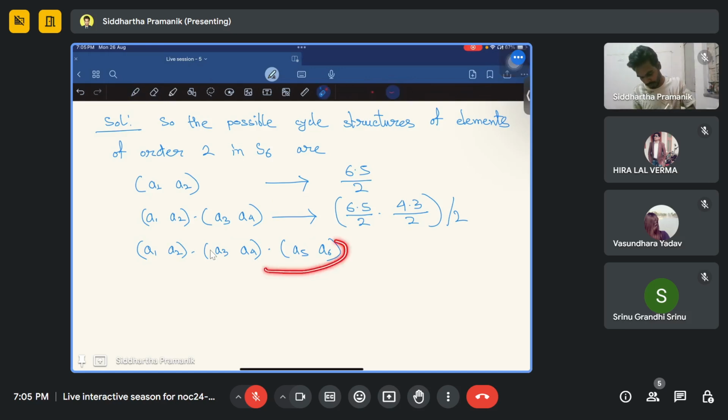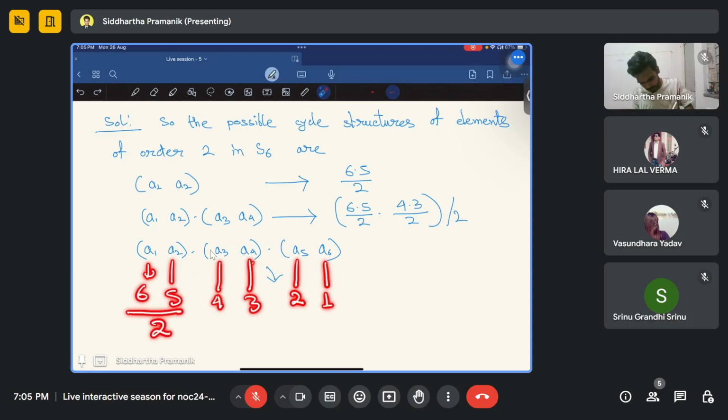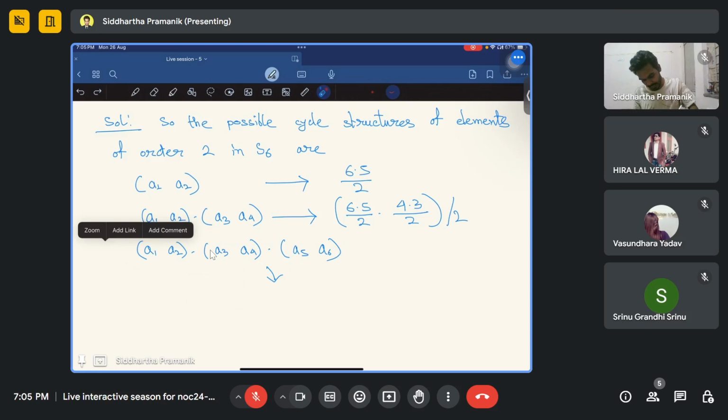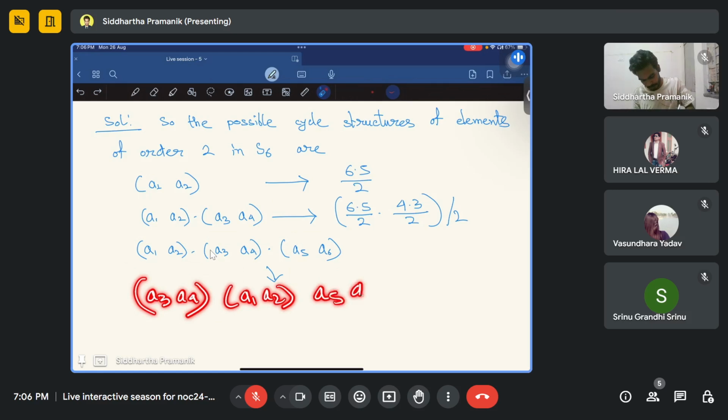So the last case, let's do it similarly. A1 has 6 choices, A2 has 5 choices, this has 4, this has 3, this has 2, this has 1. All are 2-cycles, so we divide by 2 for each. But these 3 cycles are disjoint, so we can write it as (A3 A4) first, and then (A1 A2)(A5 A6).